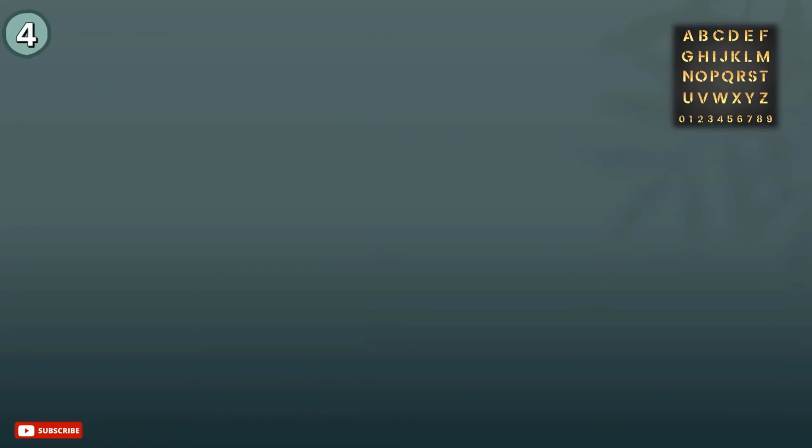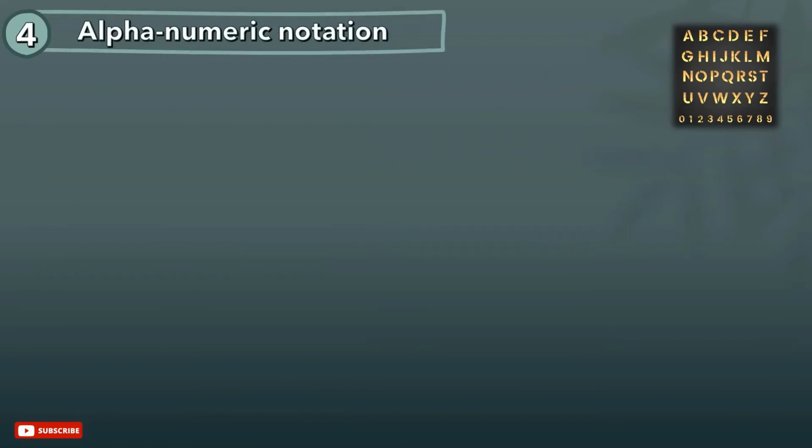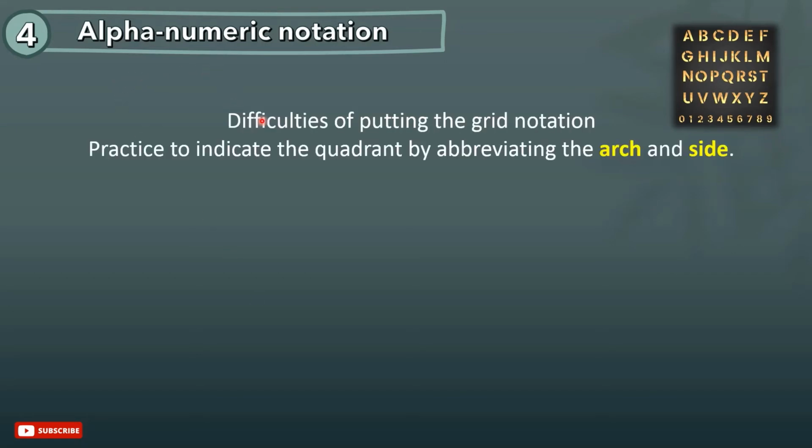The fourth system is the alphanumeric notation, or letters and numbers notation. It is used to ease the difficulties that the grid notation might put. So you might need to practice indicating the quadrant by abbreviating the arch and the side by the first letter.